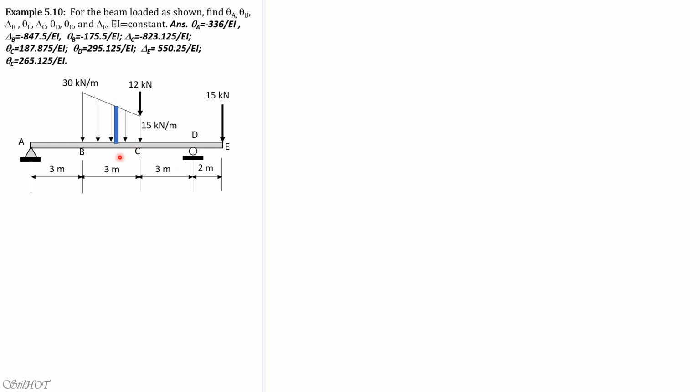This is the strip. Then if we call x the distance from the 15 kilonewton load to the strip, then 30 minus 15 is 15, the height of this triangular load, 15 divided by 3, 5. So the height of the strip would be 15 plus 5x.